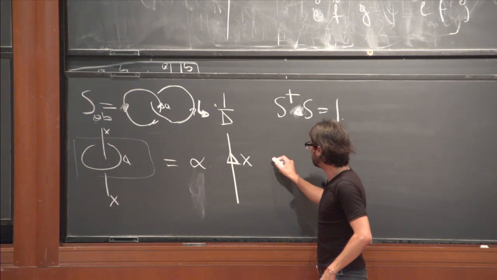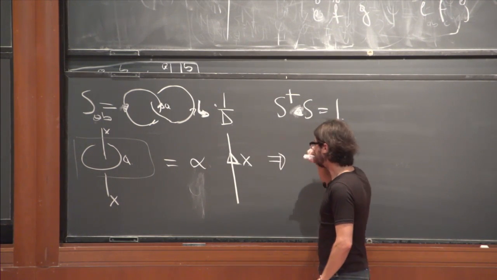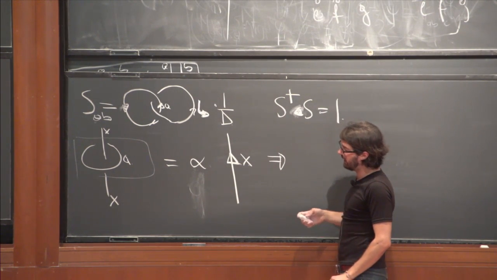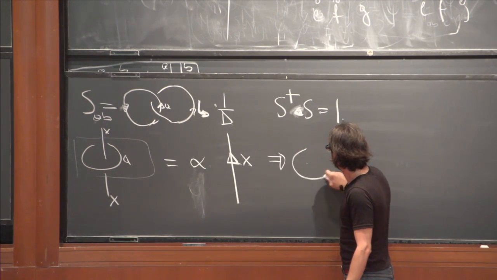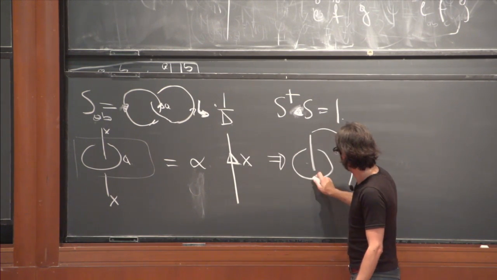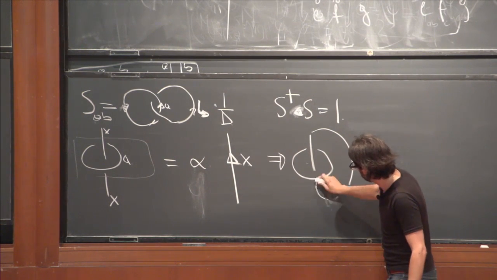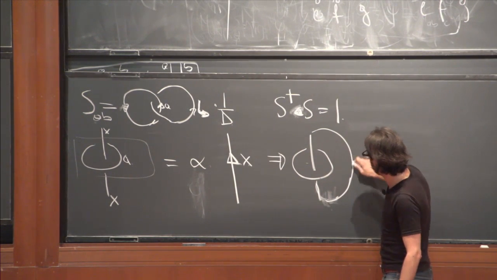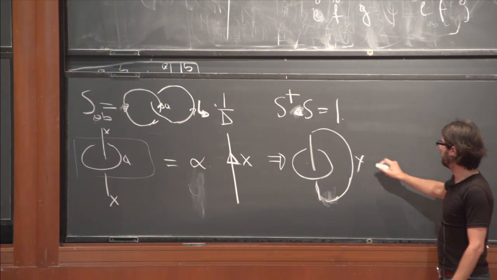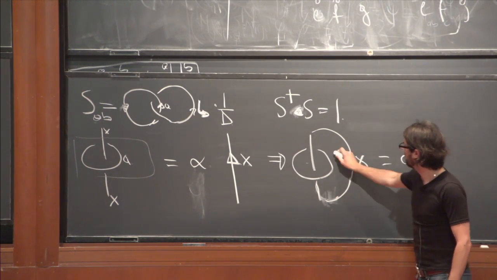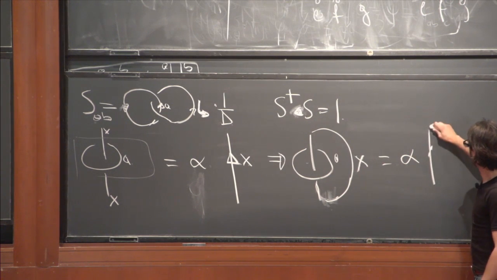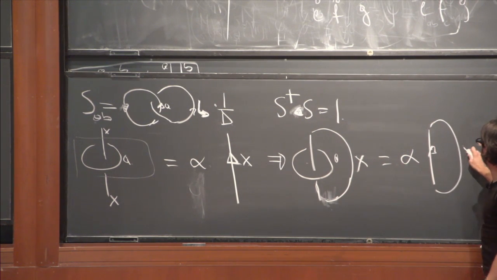Well, the way I find it out is I project this diagram. So what I do is I take this diagram and add an X line, or X tilde, really. So this is equal to alpha times this, okay?